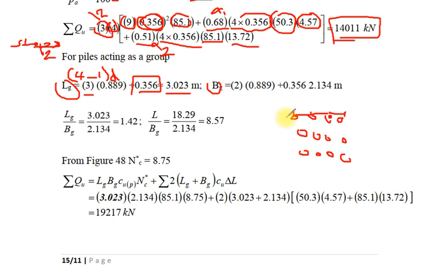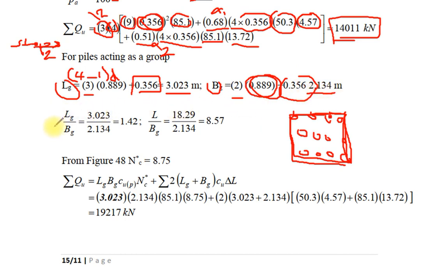Width of the group of piles, here the drawing is very difficult, 3 minus 1 multiplied by distance from center to center plus diameter of the pile gives us the result.